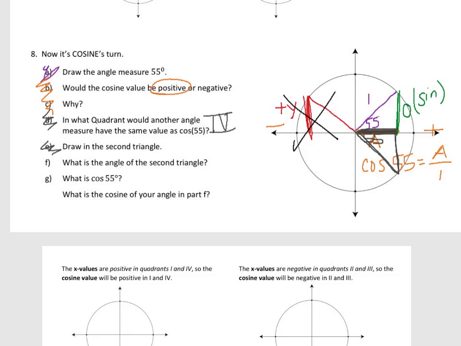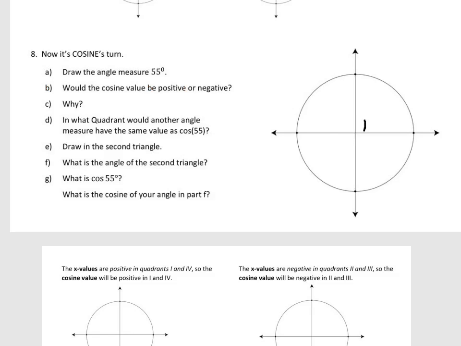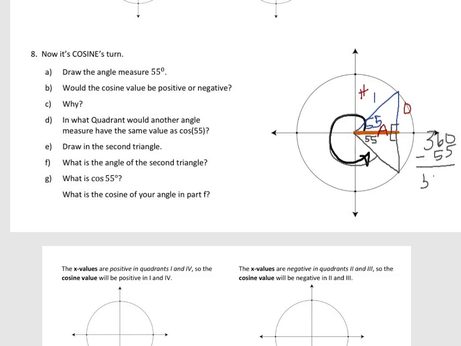So we drew in that second triangle. What is the angle of that second triangle? So this is where we can just start back at the x-axis and loop all the way around. That would almost make a full revolution of 360 degrees, but we are stopping 55 degrees short.